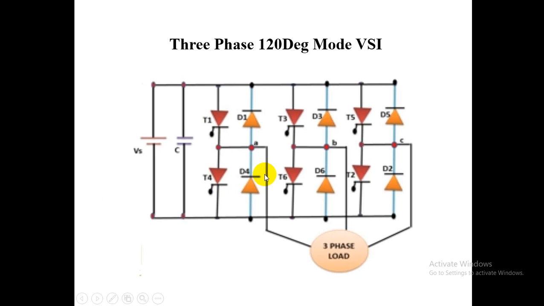This T4 will come into action after 180 degrees only. Means 120 to 180 degrees, there is a 60 degrees difference. In the 60 degrees, from this first arm, there is no device conducting. After 180 degrees only, this T4 comes into action for the next 120 degrees.